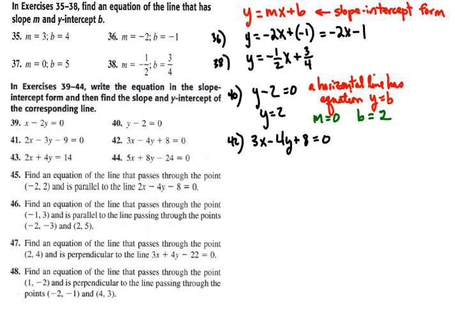Number 42. So here we have 3x minus 4y plus 8 equals 0. The goal again is to solve for y. So if I added 4y to both sides, I would end up with 3x plus 8 equals 4y. I could also write that as 4y equals 3x plus 8.